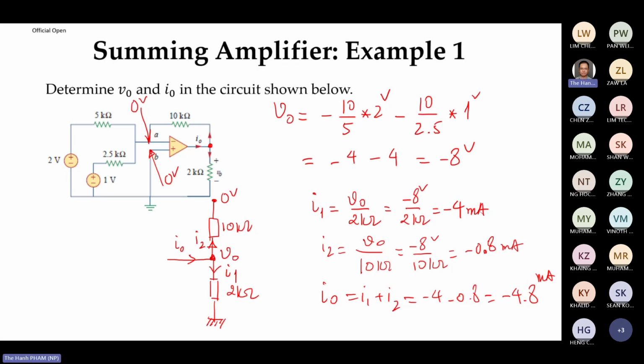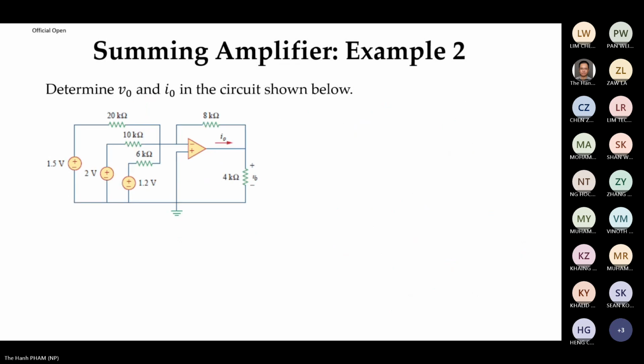So this is another example. This one I leave for you, okay? This one is just like three voltages. So the way you calculate is the same as what I did just now.